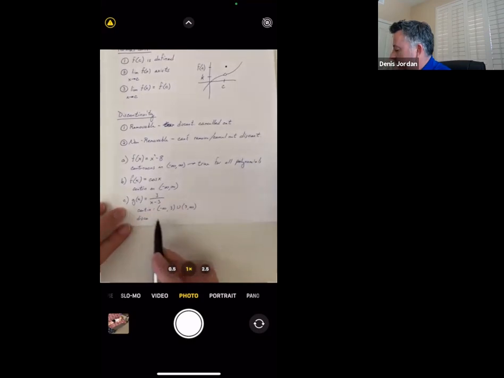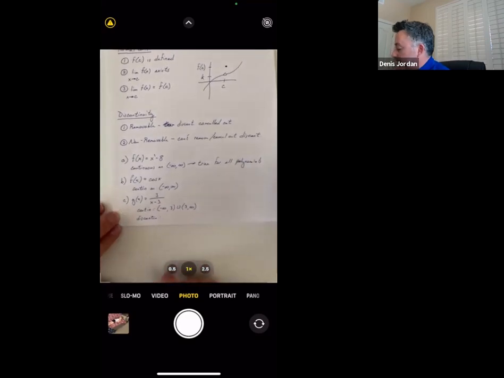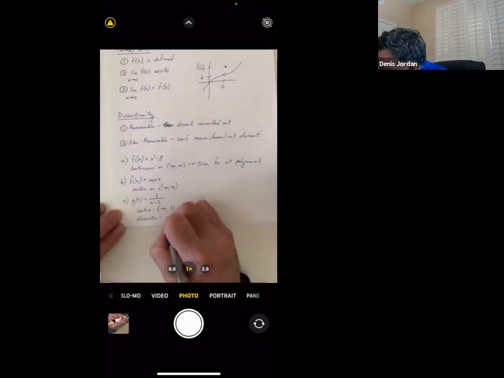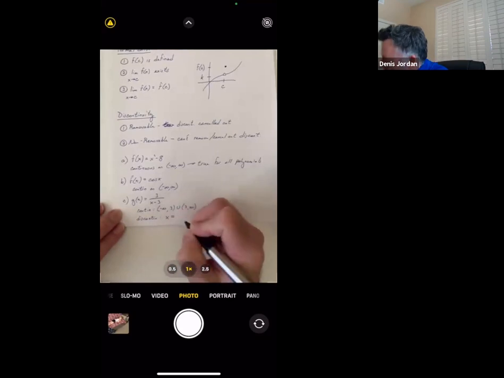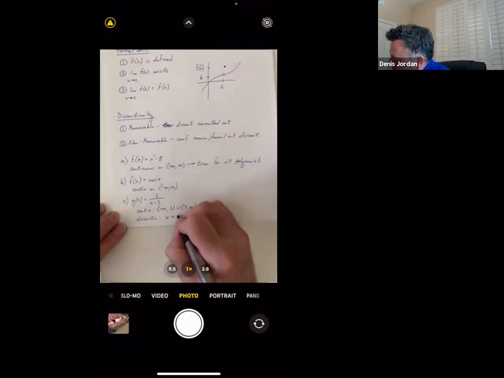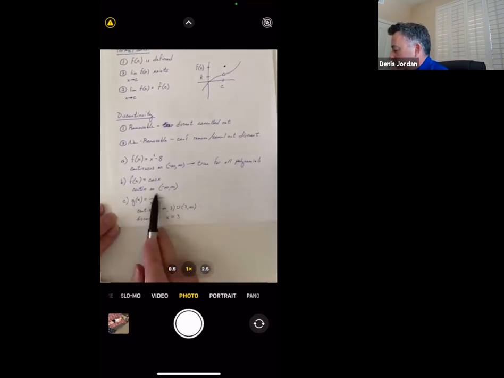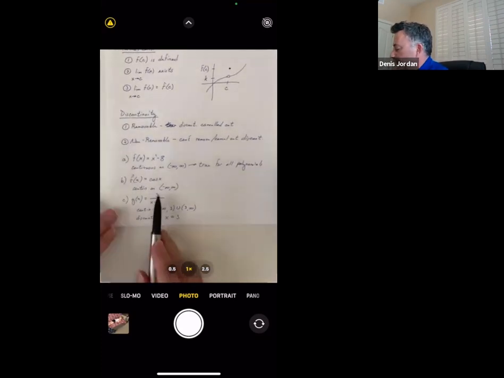Now because it's not continuous everywhere, there is a place of discontinuity. So now you're listing out every value that would make that denominator 0. For this one, that was your 3. And because you have the actual function, now you can classify it as removable or non-removable.